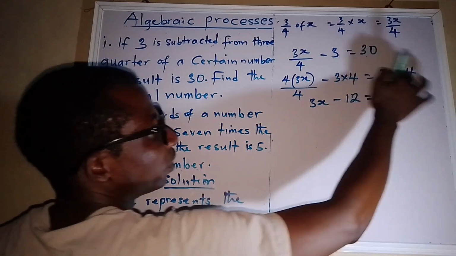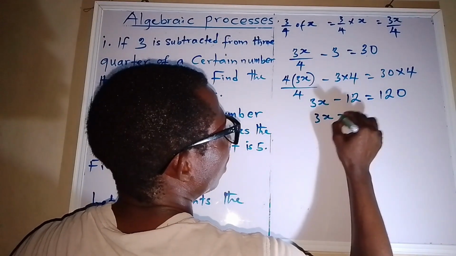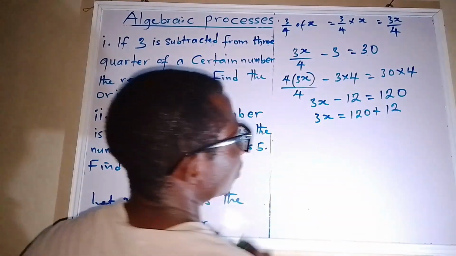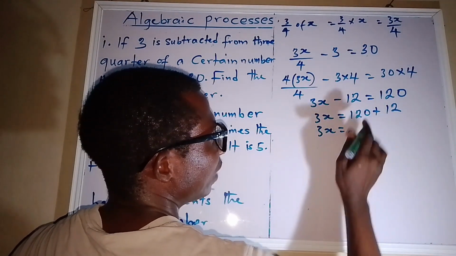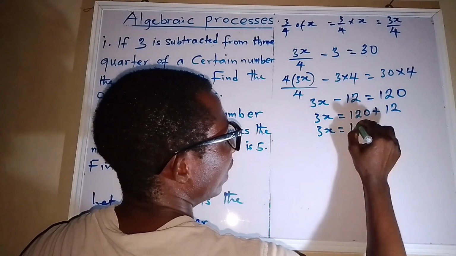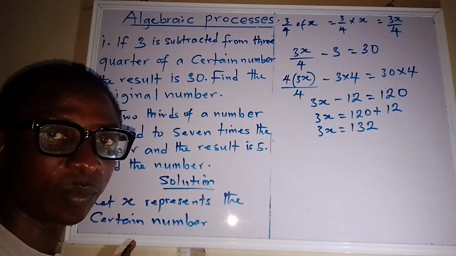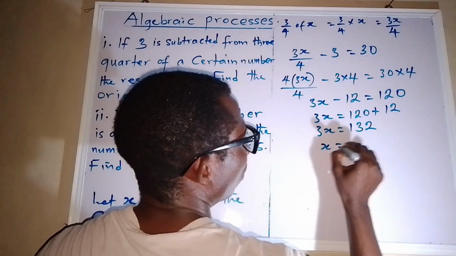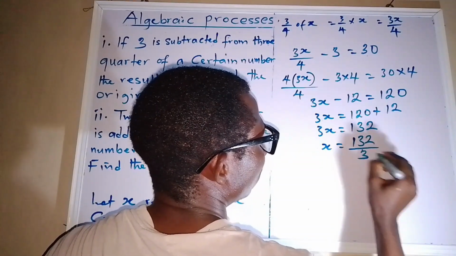So you move this one to the other side. So we have 3x equals 120 plus 12. When you add this and this together, you have 132. And you now divide both sides by 3. So we have x equals 132/3.